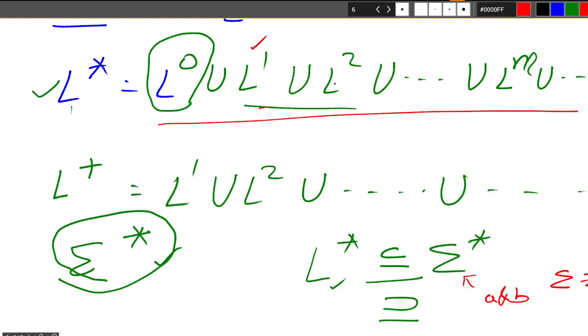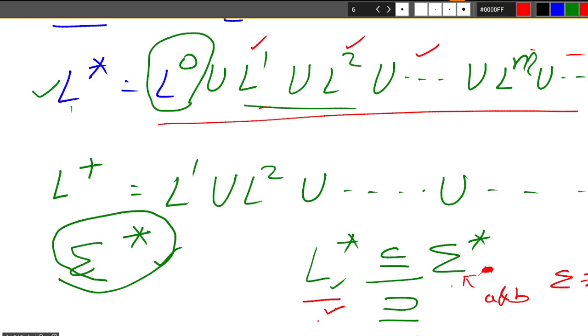L once, 2 times concatenated, 3 times concatenated, and many times concatenated. So I guess, sir, L star will be a superset of sigma star. Superset means L star will have some strings which were not present in sigma star. That's my guess, sir.